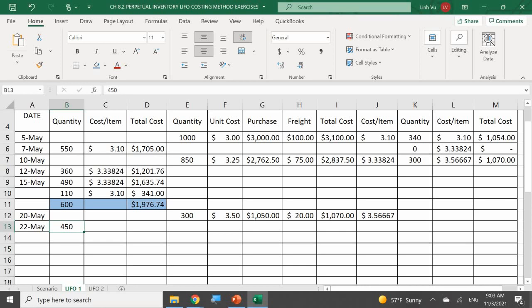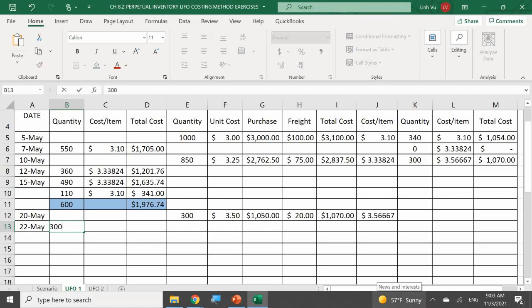I have 450 units that I sold. Let's look at my batches of inventory. Do I have enough? Not enough in the last batch of inventory. So that means we have to dip into 2 more batches of inventory.